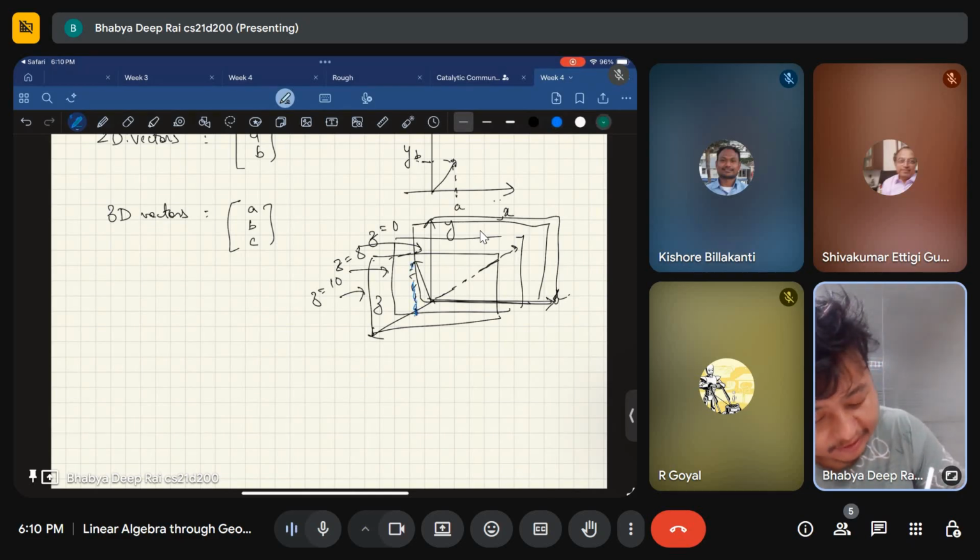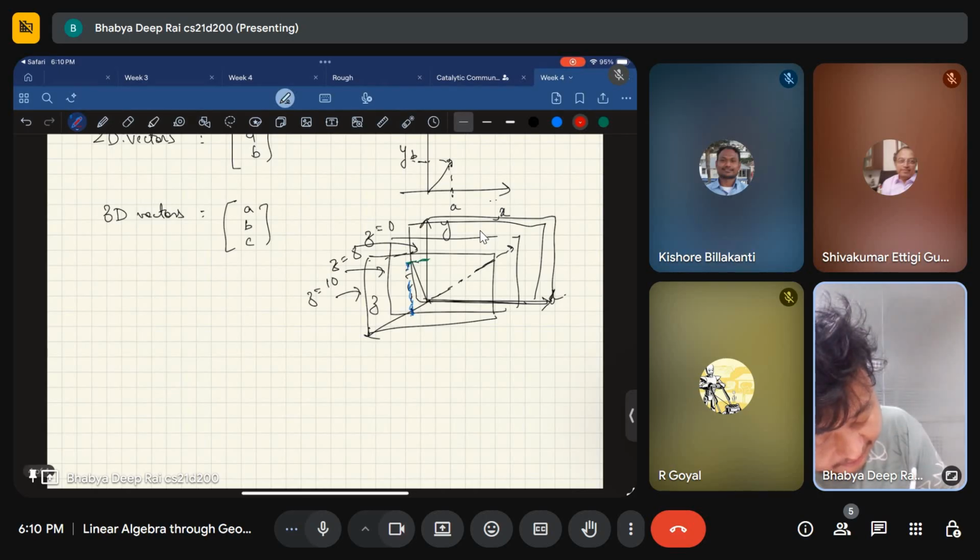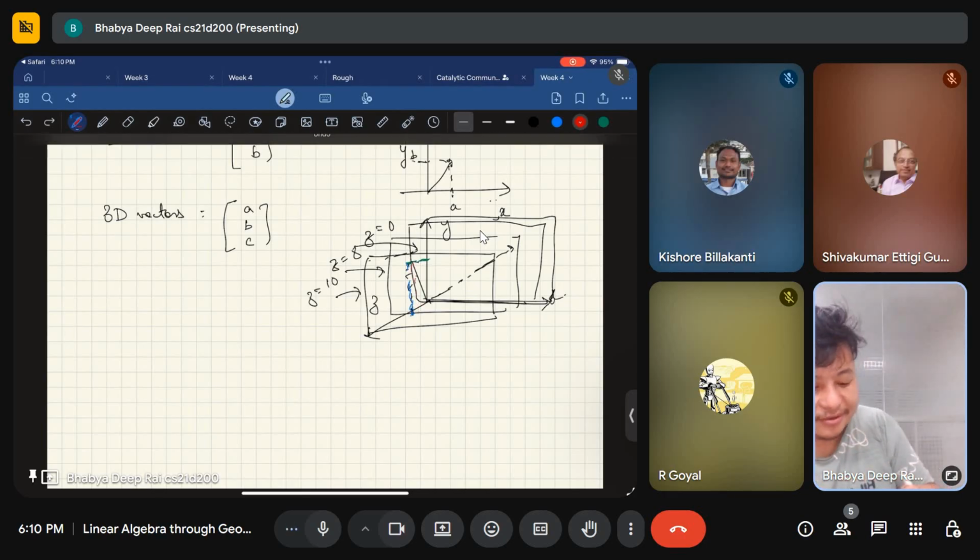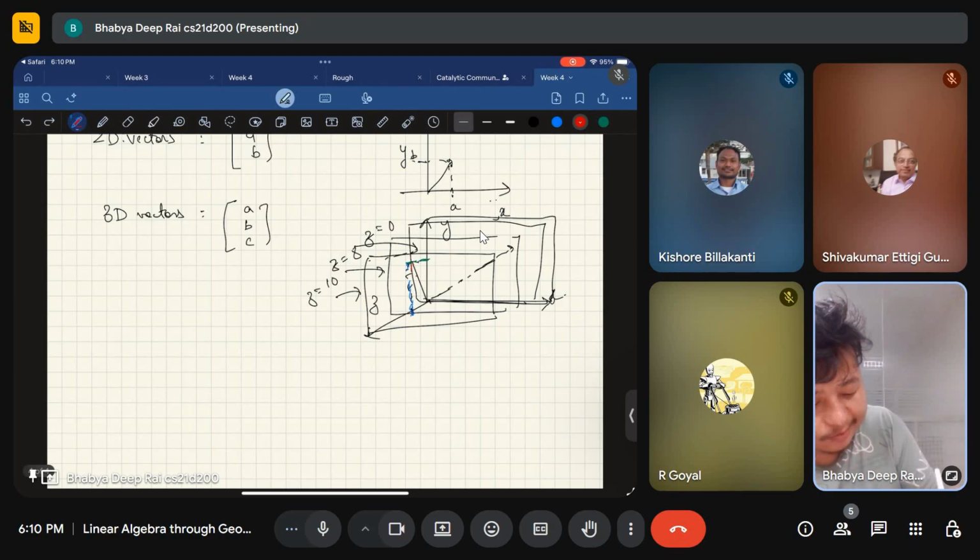Before there was only a projection onto the y-axis and a projection onto the x-axis, sort of like the xy plane. Or rather the xz plane, whatever. Just wanted to do a quick recap.